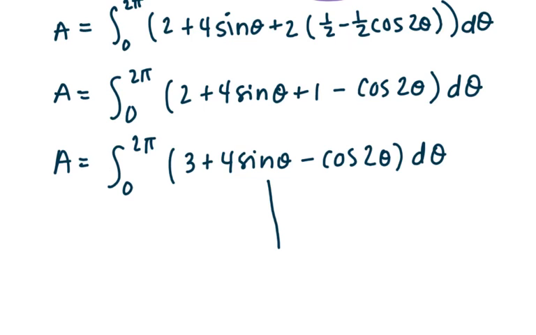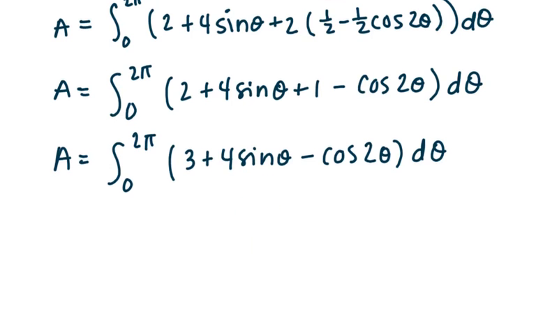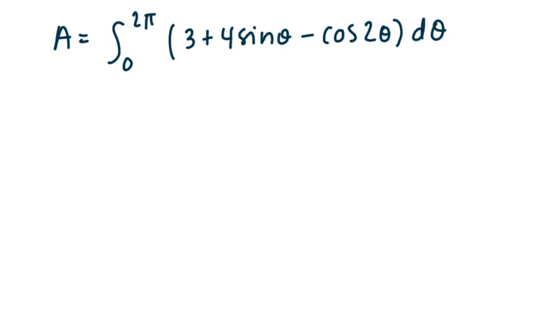Oh, see, and then I messed it up. Wait, oh my gosh. We are finally ready to integrate. So 3 will simply become 3 theta. Remember, it's with respect to theta. 4 sine theta, well, sine is the derivative of negative cosine, so we're going to have to compensate for that, and it's really going to become plus a negative 4 cosine theta.